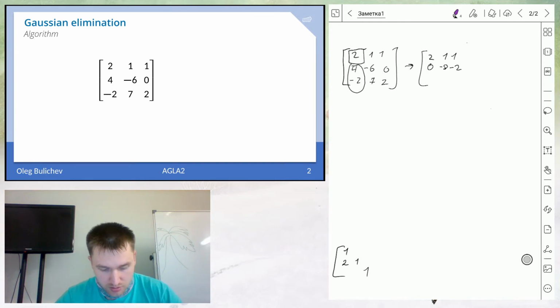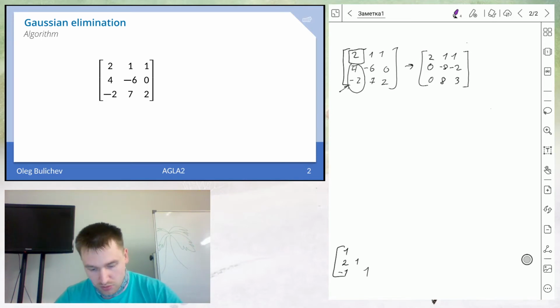Okay, next step, we want to eliminate this coefficient, minus 2. For this purpose we need to multiply by minus 1. We write 0, so 7 minus minus 1 is 8, and 2 minus minus 1 is 3.